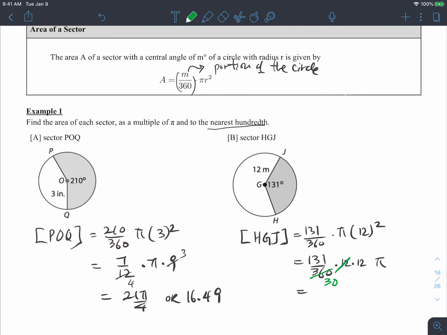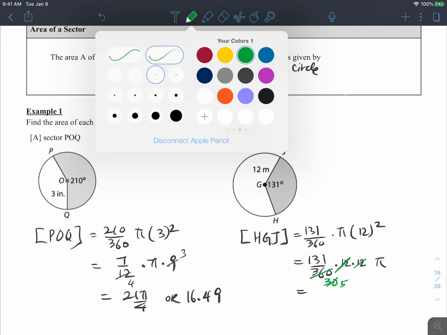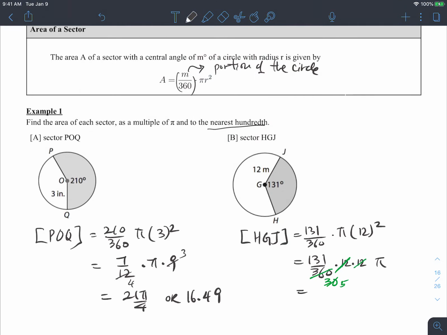And what do 30 and 12 have in common? 6, right? So that becomes a 5. Oh, that just cancels. Right, that's right. All right, so when you do that, it simplifies to, I believe... Hold on.